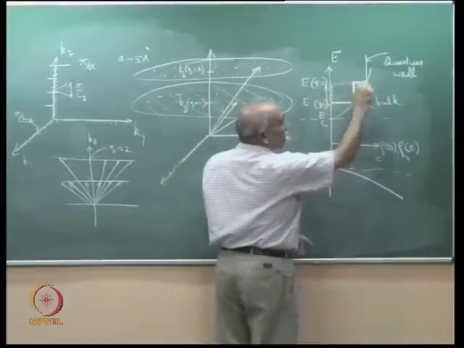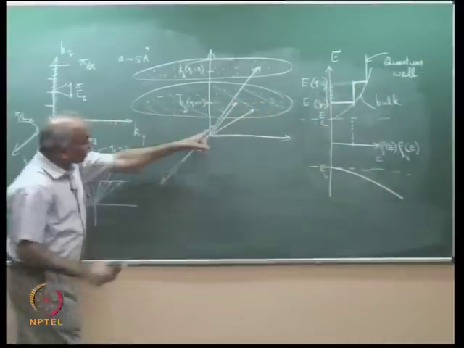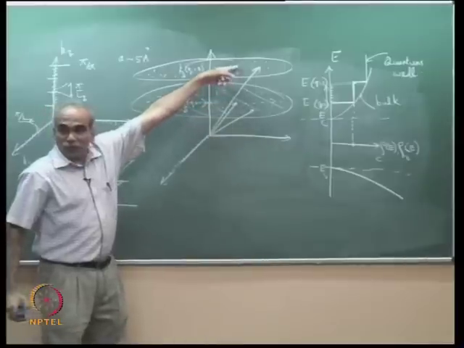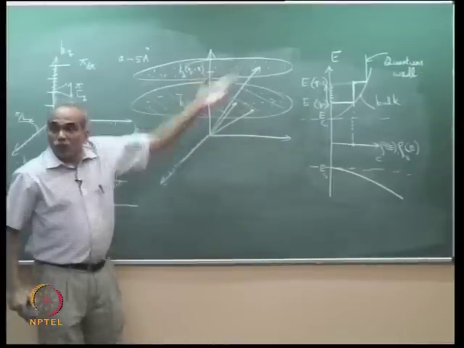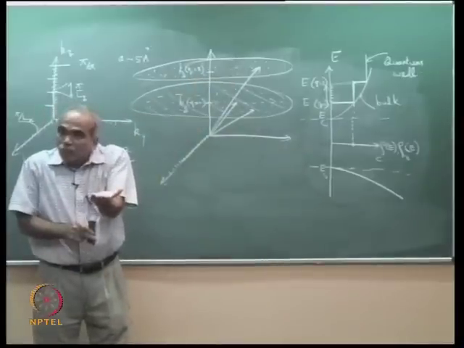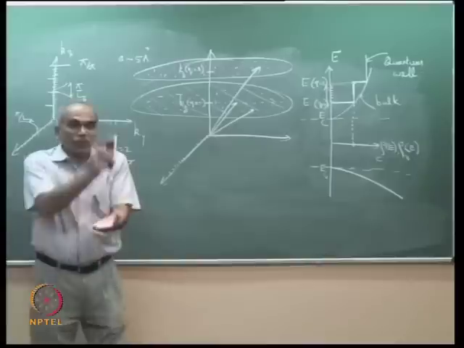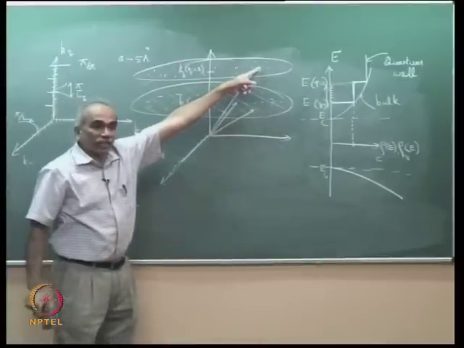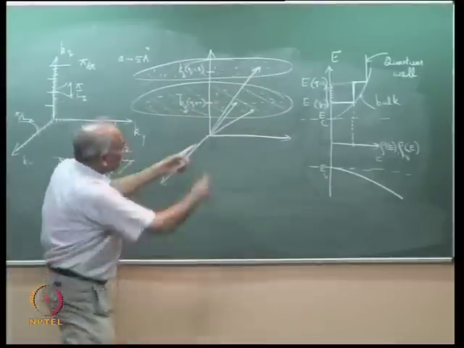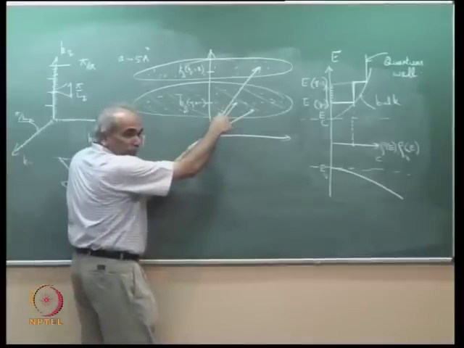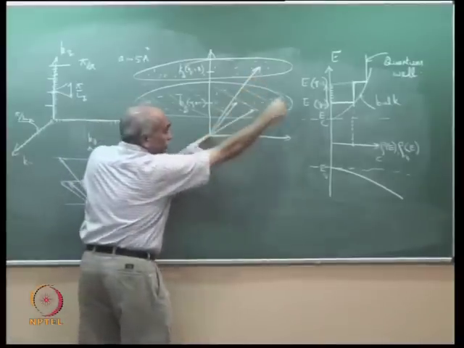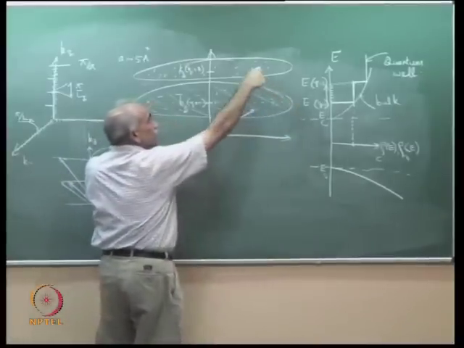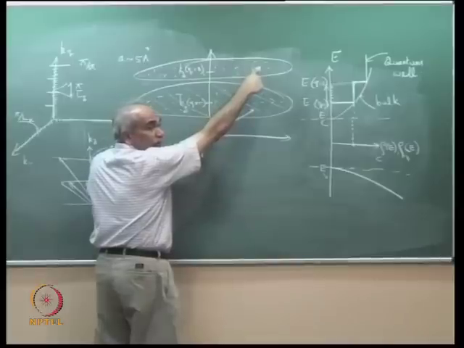there will be a jump. Why will there be a jump? Because now the tip of the k vectors can sit on the second disk. Earlier it could have been sitting only on the first disk, but now it can also sit on the second disk. If the length of the k vector is large, then if you take the k vector like this, it can easily sit on the second one.